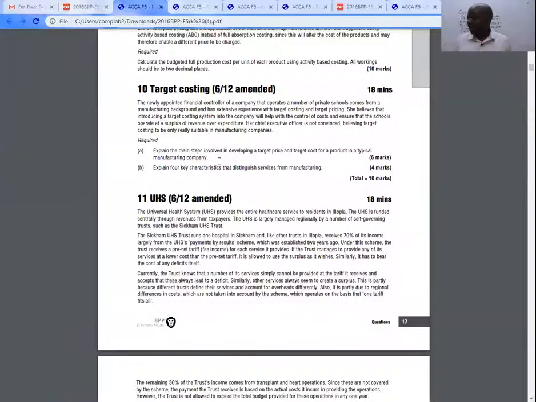So they want you to explain the main steps involved in target costing. You'll get various books giving very many steps, but the most important steps that you should never forget are the ones that I gave you.